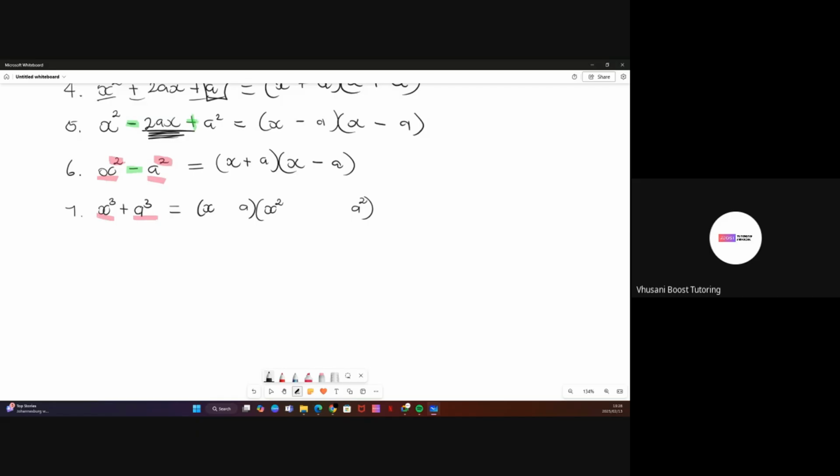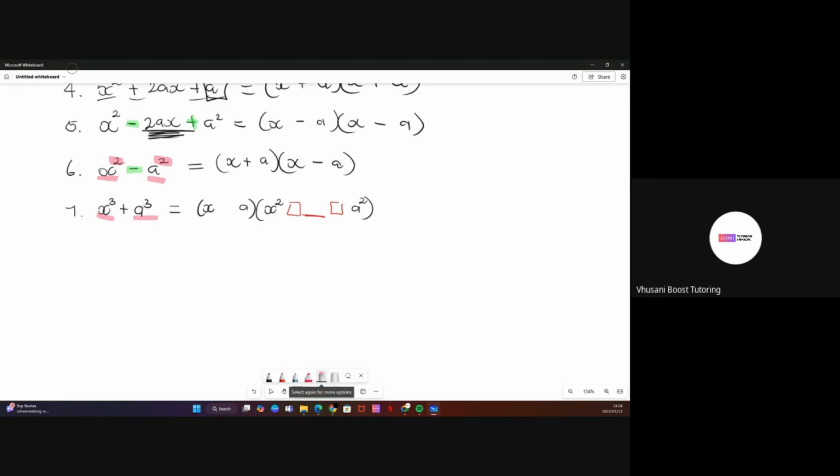Are you guys fine with this so far? So just always do this, right? And then as you can see, there should be a middle term over here, and then there should be symbols over here as well.